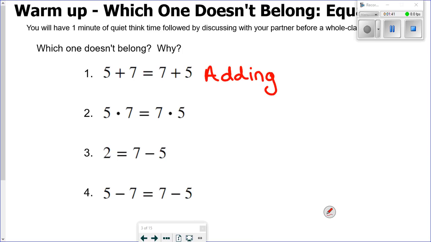Someone may argue that equation 2 doesn't belong with the others because it is the only equation involving multiplication. Someone else may argue that equation 3 doesn't belong because it is the only equation with only one number on the left-hand side of the equation.